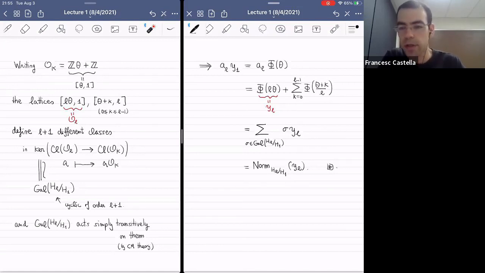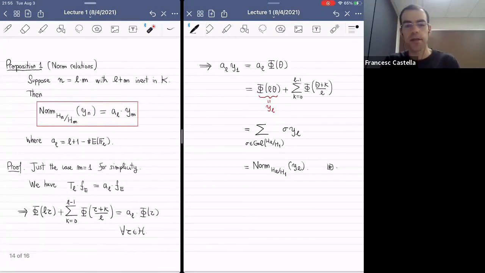There will be what is called a congruence relation, and that will give us that this system of classes that we obtain by taking Kummer images of these Heegner points will be what we call an Euler system. So next time I'll recall this norm relation that we just proved, and from there see how this system of points will give rise to what we're going to call an Euler system, and then go from there.